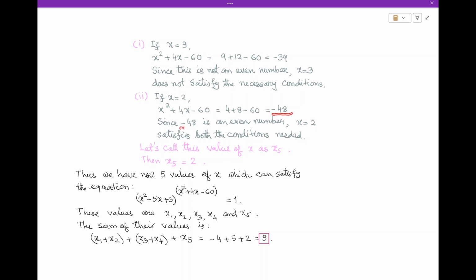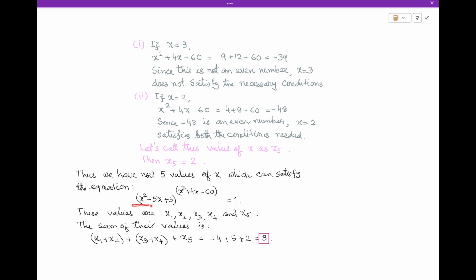Since −48 is an even number, x is equal to 2 satisfies both the conditions needed, that is, it satisfies both the equations. Let us call this value of x as x5. That is, x5 is equal to 2. Thus, we have now 5 values of x which can satisfy the equation.